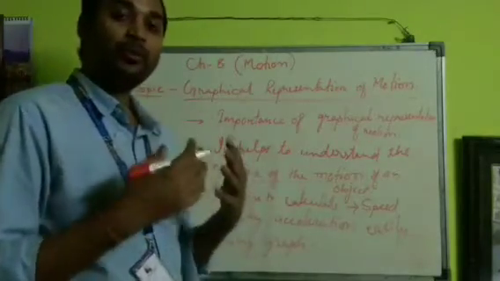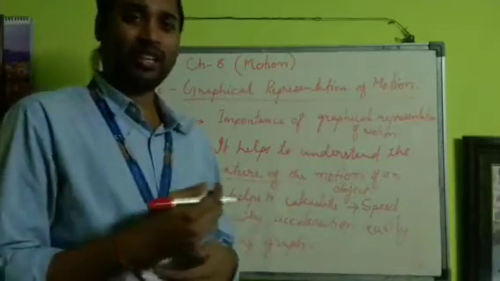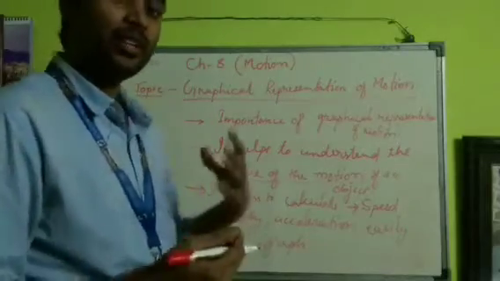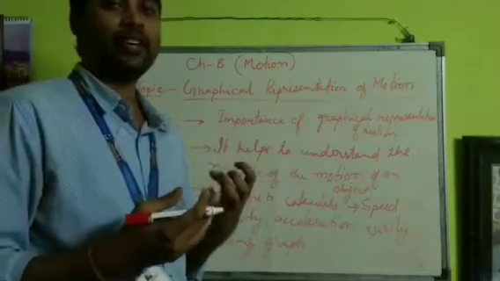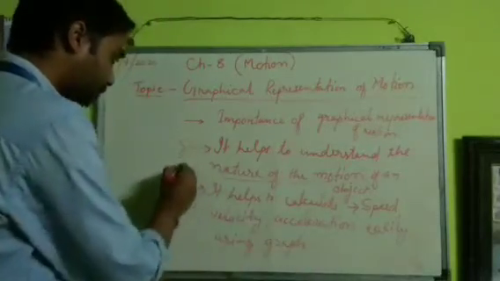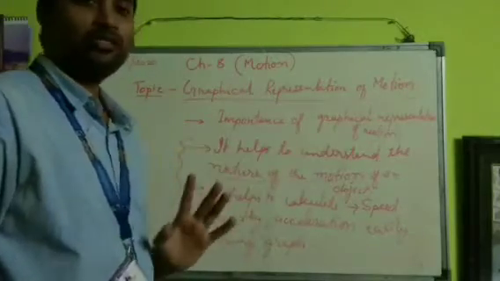So using graph we can easily find out the speed from distance time graph, velocity from displacement time graph, and also acceleration from velocity time graph. So without much calculation we can easily find out using the graph. So these are a few important points related to importance of graphical representation of motion.